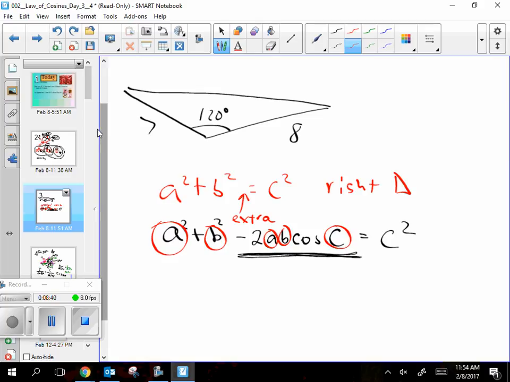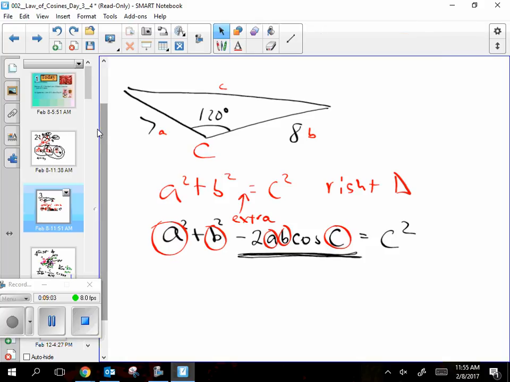Which one should it be? C. This needs to be C. And if that angle is C, then the little side across from it is letter c. Do you remember me saying that the a and the b can alternate? It doesn't matter. They aren't picky. So I'm going to call this one a and this one b, but it won't matter if you reverse them.